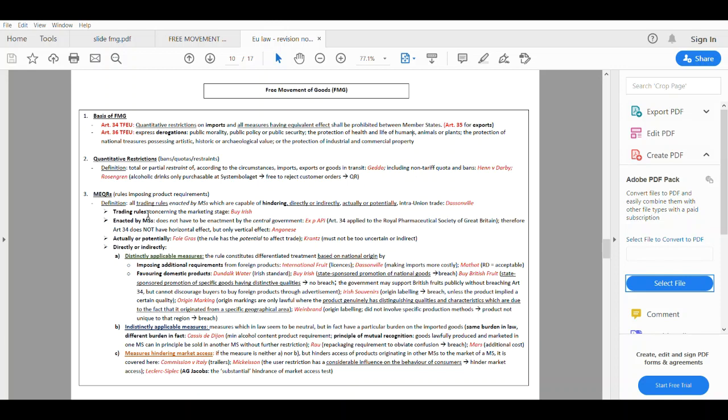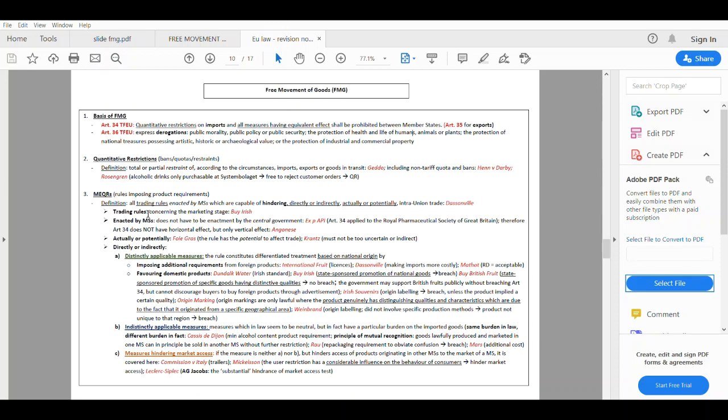And then in the case of Leclerc-Siplec, this view was criticized, as such measures may pose a serious threat to access to the market, because without advertising, consumers would tend to go on buying the goods that they are familiar with, or the local products. Later, in the De Agostini case, it was accepted that a ban on television advertisement breached Article 34, as it was the only effective form of promotion enabling De Agostini, a company, to penetrate the Swedish market.